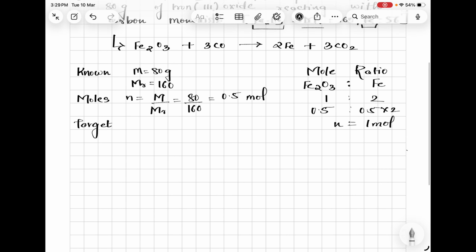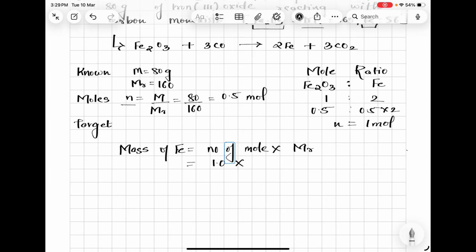We will use the same formula for the number of moles, but we have to tweak it. The mass of Fe is equal to the number of moles into the MR or the atomic mass. So 1.0 into 56 and I will get my final answer as 56.